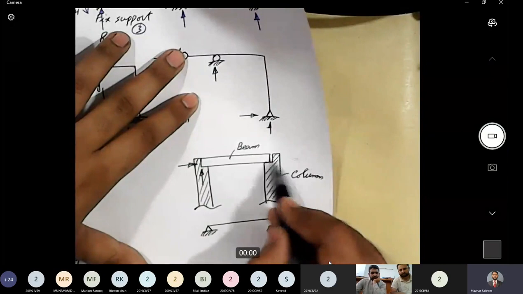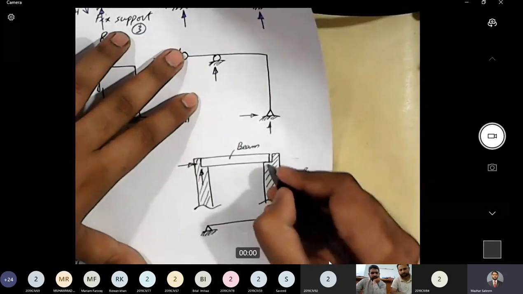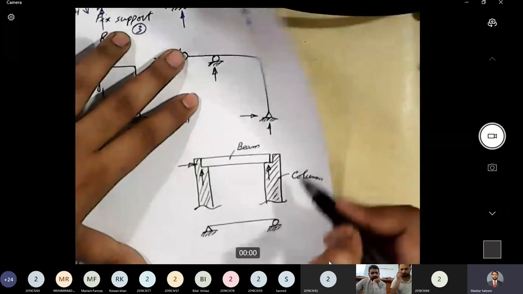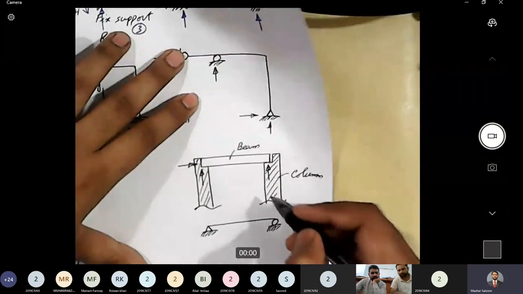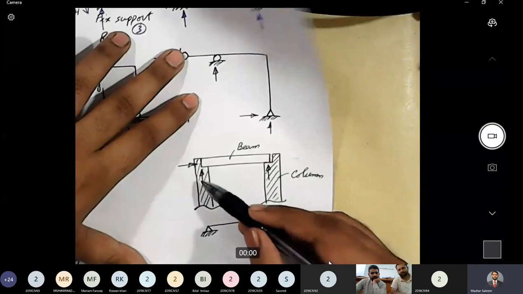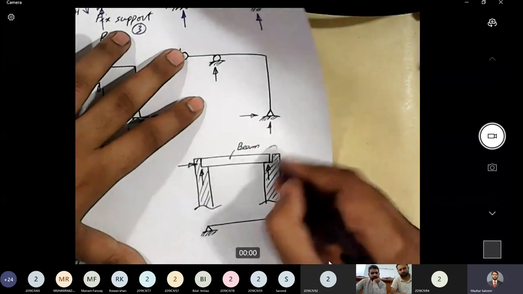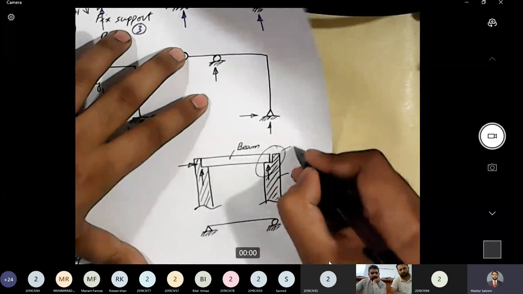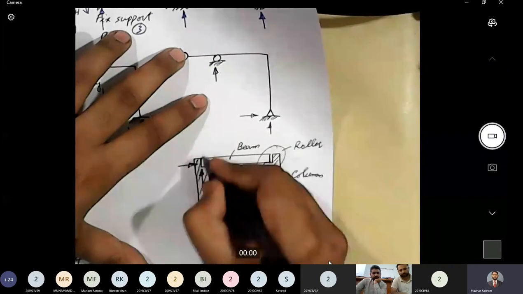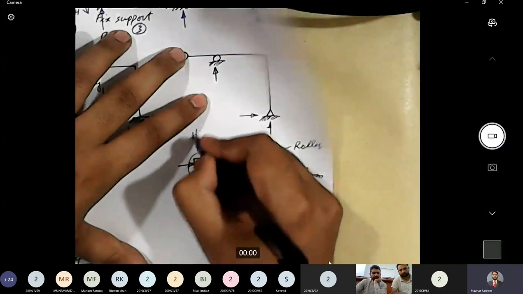So no horizontal reaction will be generated, only vertical reaction. This diagram explains how roller and hinge supports are provided in real structures. This is the arrangement of a roller support, and this is the arrangement of a hinge support.